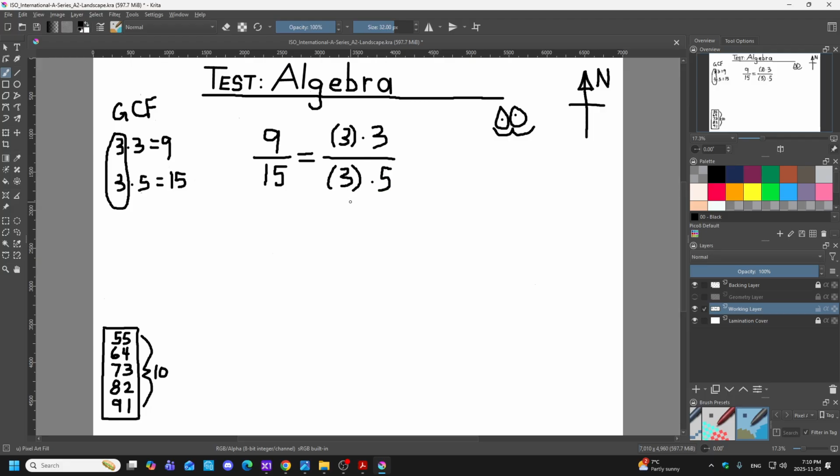So we've found our two common numbers, and they cancel each other out because they are both equal to 1. 3 divided by 3 equals 1. So therefore we're left with 3 over 5. And we cannot reduce any further because we know that 3 does not divide nicely into 5.